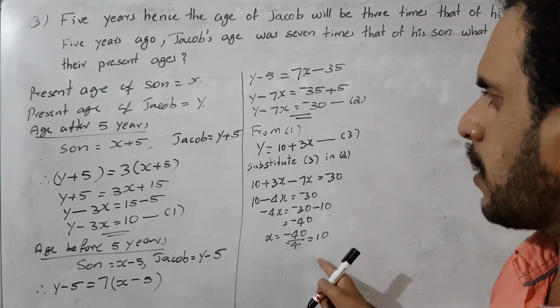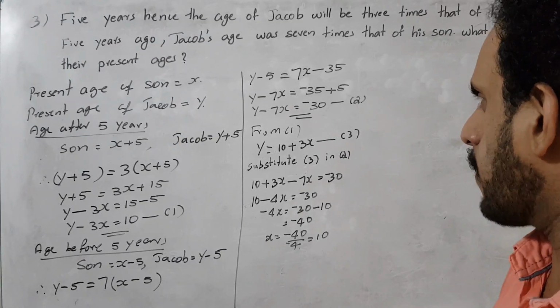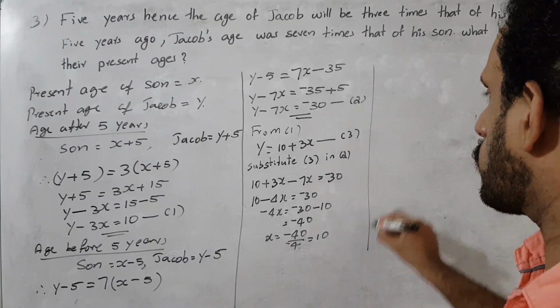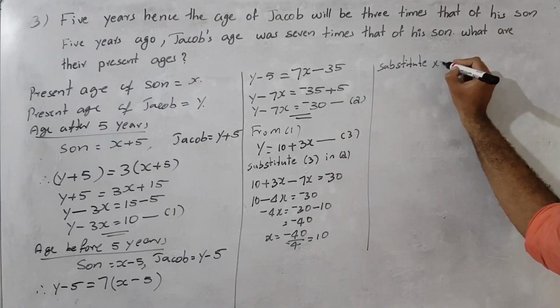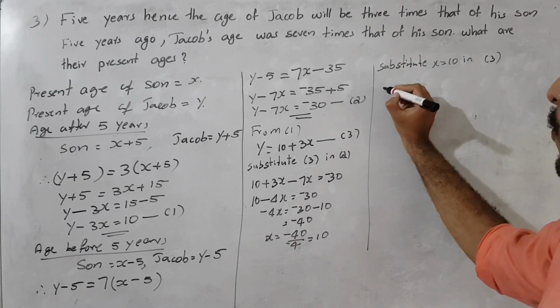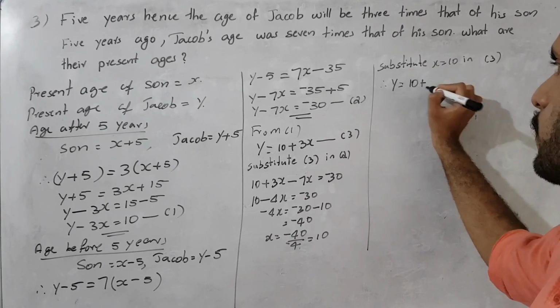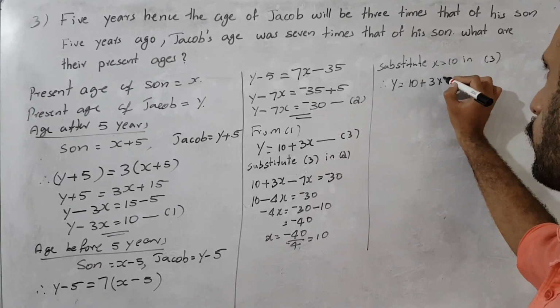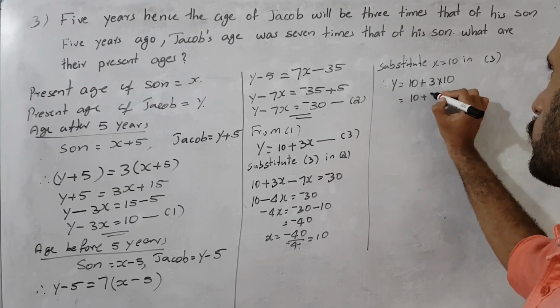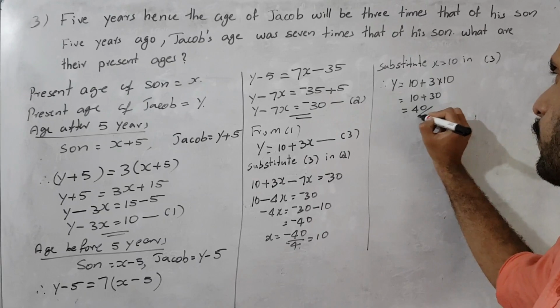The value of x is 10, meaning the age of the son is 10. So what is next? Next, substitute x equal to 10 in y is equal to 10 plus 3x, that is 10 plus 30. 10 plus 30 is equal to 40.